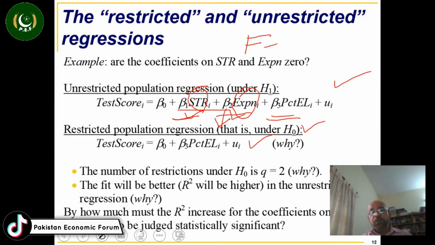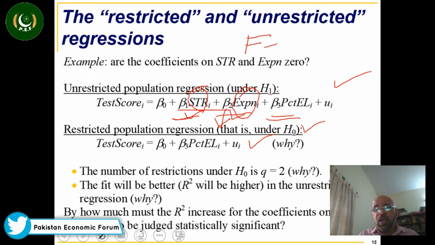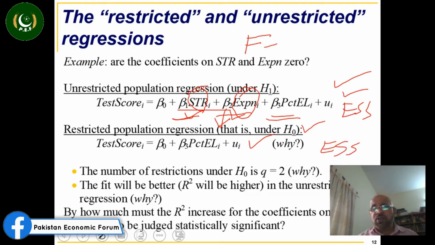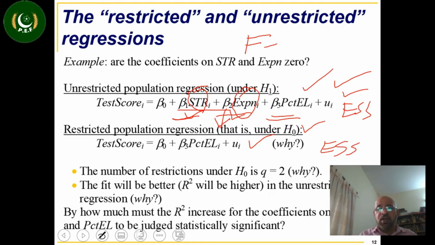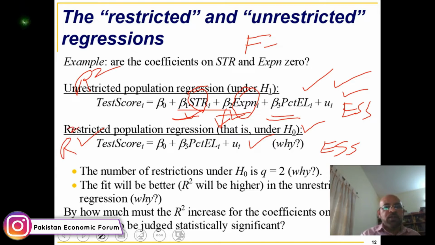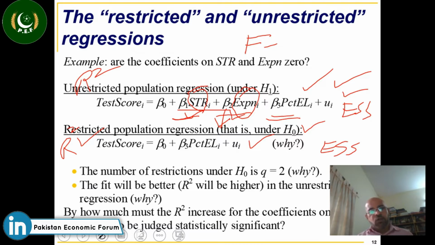From previous videos, from basics of regression, you know that we have more variables here. It means explained sum of squares is more here as compared to the restricted model, or residual sum of squares in this model is smaller than residual sum of squares in the restricted model, or R square in the unrestricted model will be more than R square from the restricted model, because the more the number of variables in the model, the higher the R square.